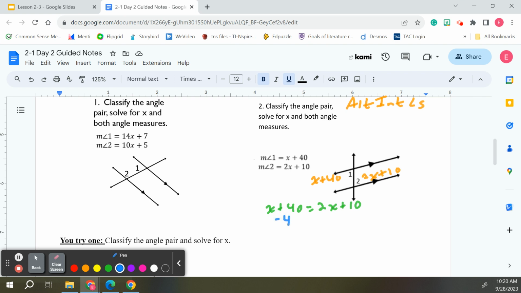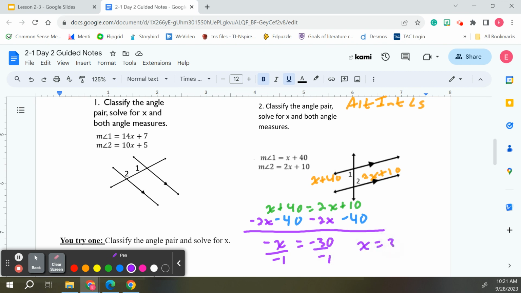From here, I'm going to subtract 40 from each side and subtract 2x from each side. This leaves me with negative x equals negative 30. I can divide by negative 1, so x is equal to 30. So there's my x value.